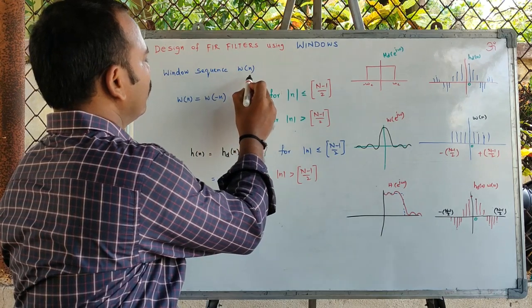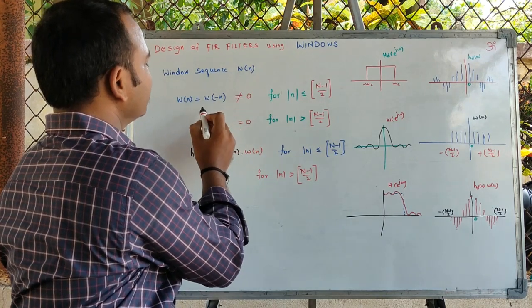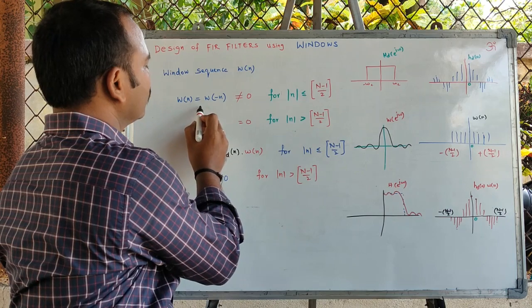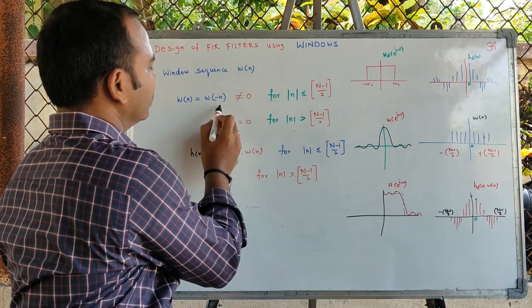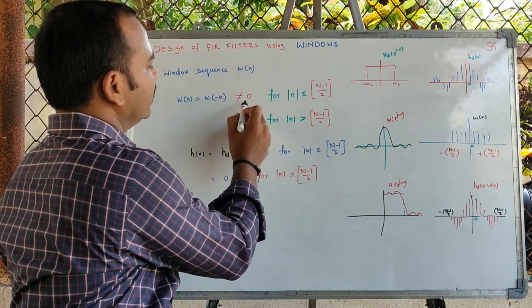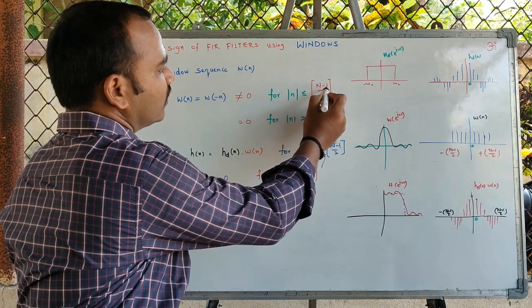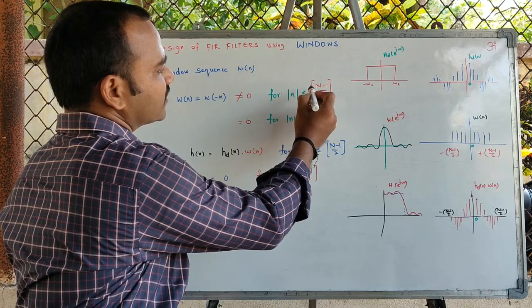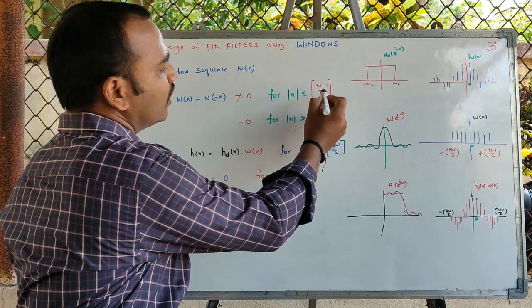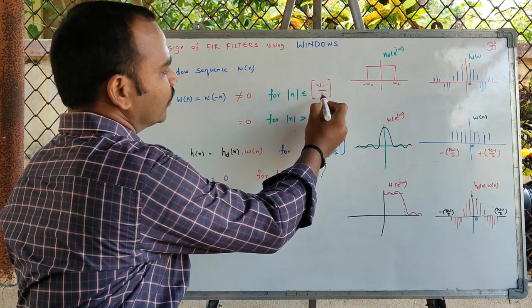The window sequence W of n is defined such that W of n is equal to W of minus n, and it is not equal to 0 in the interval minus (N minus 1) by 2 to plus (N minus 1) by 2.